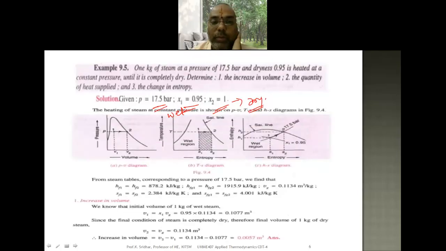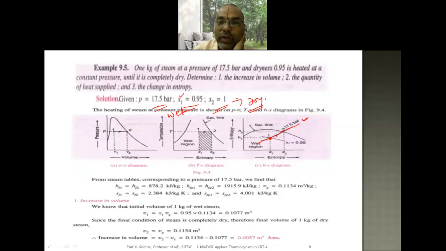Go to the PV diagram, TS diagram as well as the HS diagram. First of all, our duty is to locate point number 1 as well as point number 2. How do we locate point number 1 on the HS diagram? Here the pressure value is given as 17.5 bar, so go to the Mollier diagram and identify the 17.5 bar line. Minimum two properties are required to locate a point.